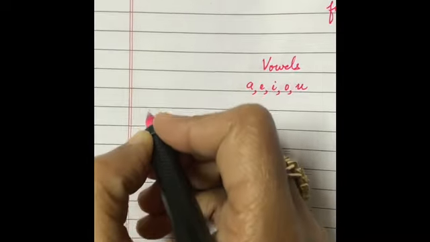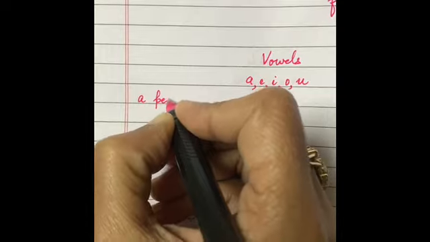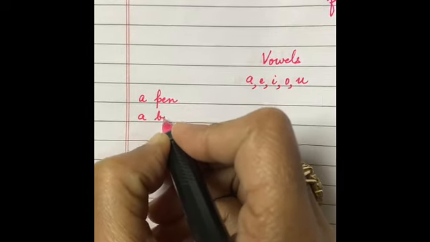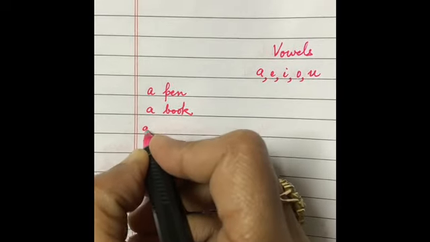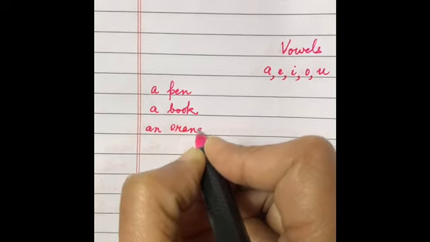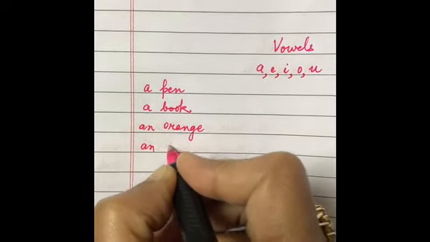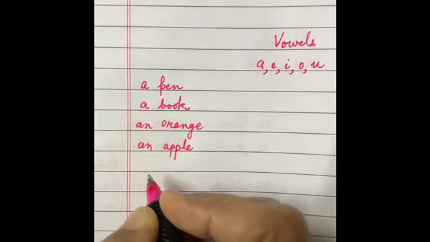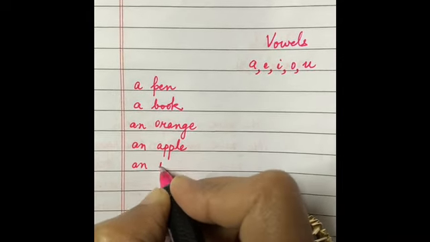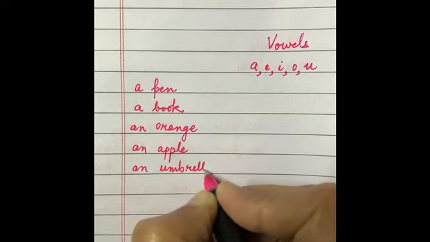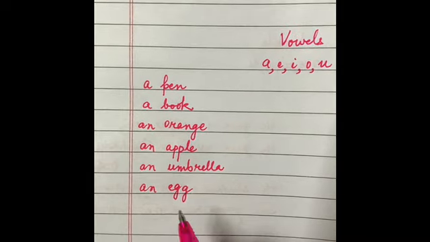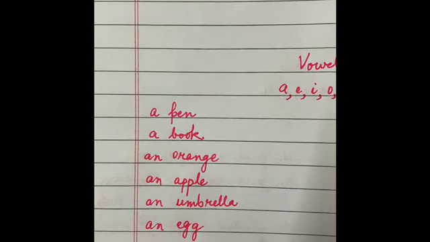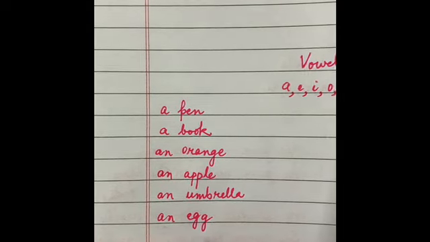Okay. Now, a can be used like a pen, a book. And an can be used like an orange, an apple, an umbrella, an egg. So we have covered the vowel sounds. No, I is left.